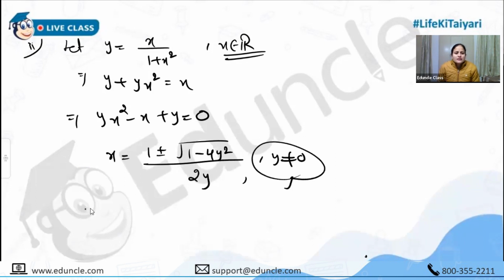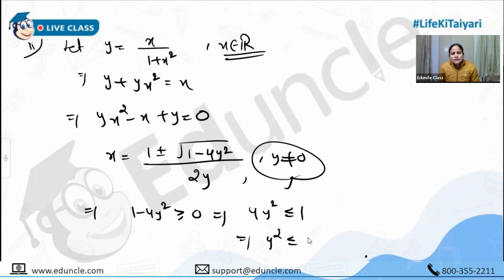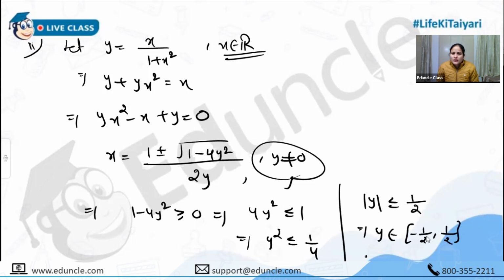As x is real, the discriminant 1 minus 4y square should be greater than or equal to 0. That means 4y square is less than or equal to 1, so y square is less than or equal to 1/4, which is the same as mod of y less than or equal to 1/2. So y lies between minus 1/2 to plus 1/2. That means y takes the value 0 also.